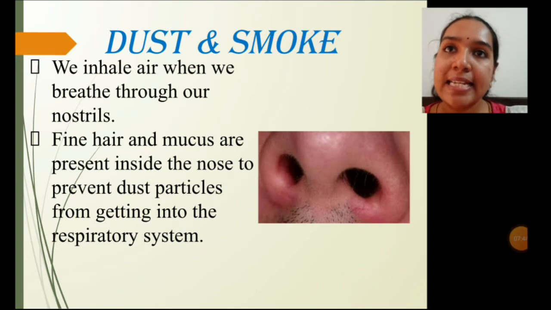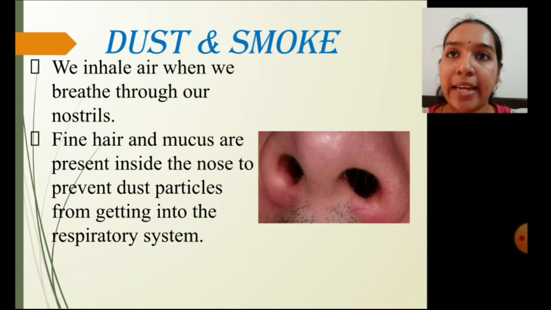To filter these dust particles, so that they do not enter our respiratory tract, higher animals and humans have hair and mucus inside the nostrils to prevent dust and smoke from entering the body.